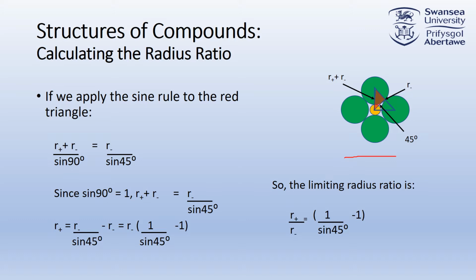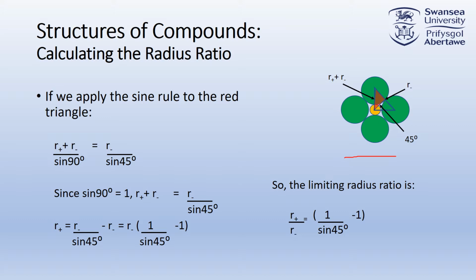I haven't put that on the slide there. Then our red triangle is half the size of that, so we've got an angle here of 45 degrees, and our opposite is the radius of our anion, and here we have the same length, the sum of our anion and our cation.